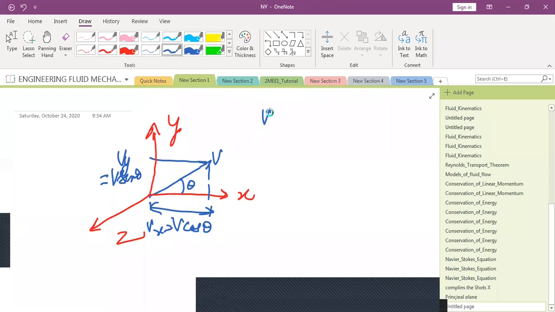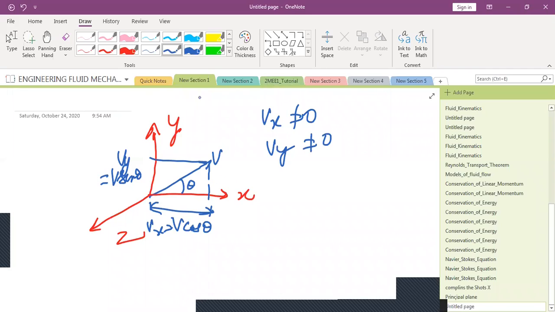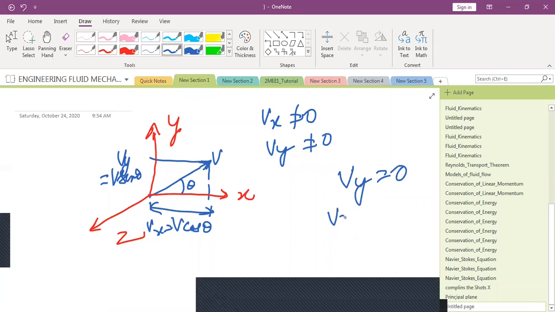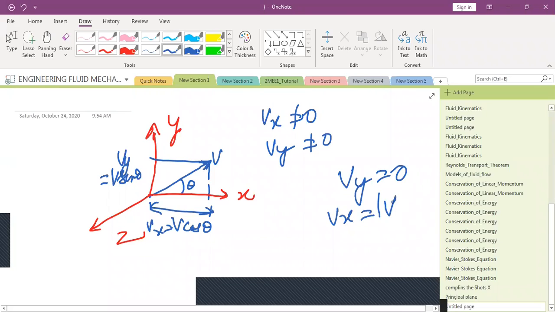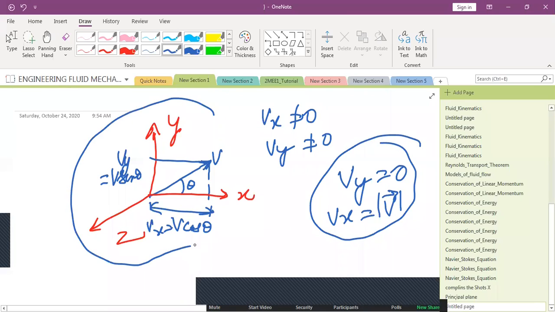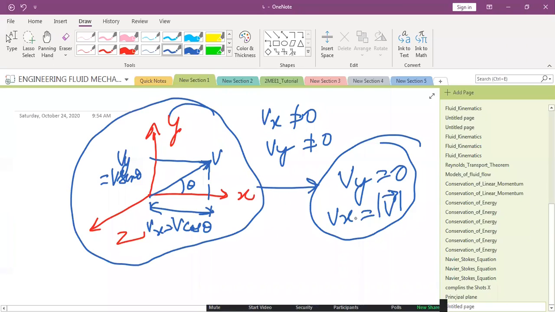So it has Vx component as non-zero, Vy component as non-zero. Now, can you represent the same vector V in a coordinate system in which the Vy component is 0 and the Vx component is equal to the total magnitude of the V vector? Can you transform this coordinate system to one in which I have this condition?